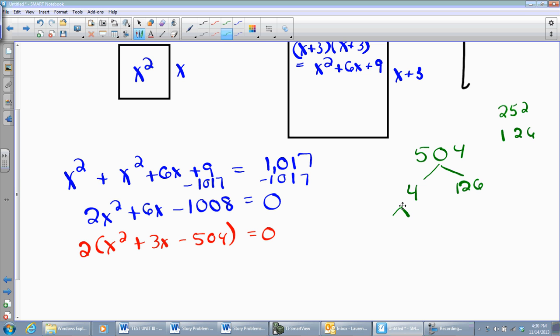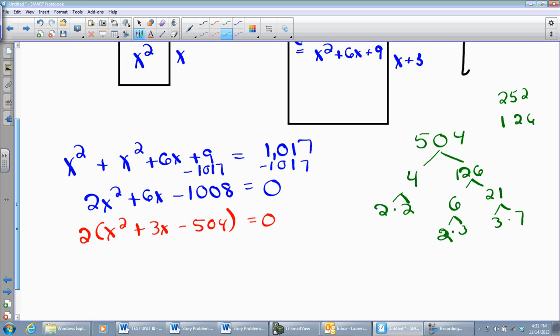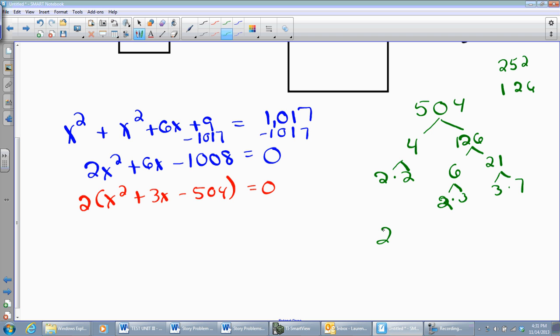Okay, and then this is going to break down to 2 times 2, 126. I see that 6 is going to go in. 6 is going to break down to 2 times 3. And 6 is going to go in 21 times. And that's going to be 3 times 7. So the prime factorization of 504 is 2 times 2 times 2 times 3 times 3 times 7.